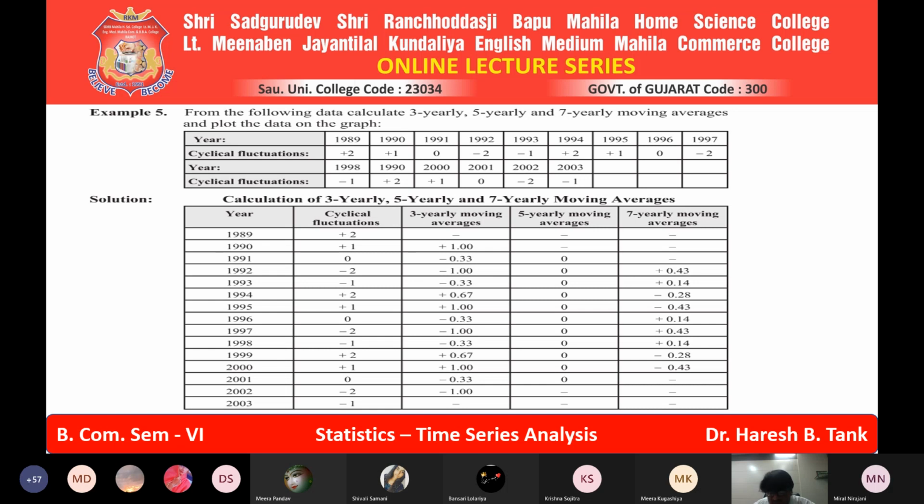Now, the example we saw previous to this was the first example, so we tried to make 2 different columns. The first column was the 3 yearly moving total, and then we divided it by 3, and then we got the 3 yearly moving average trend values, right?